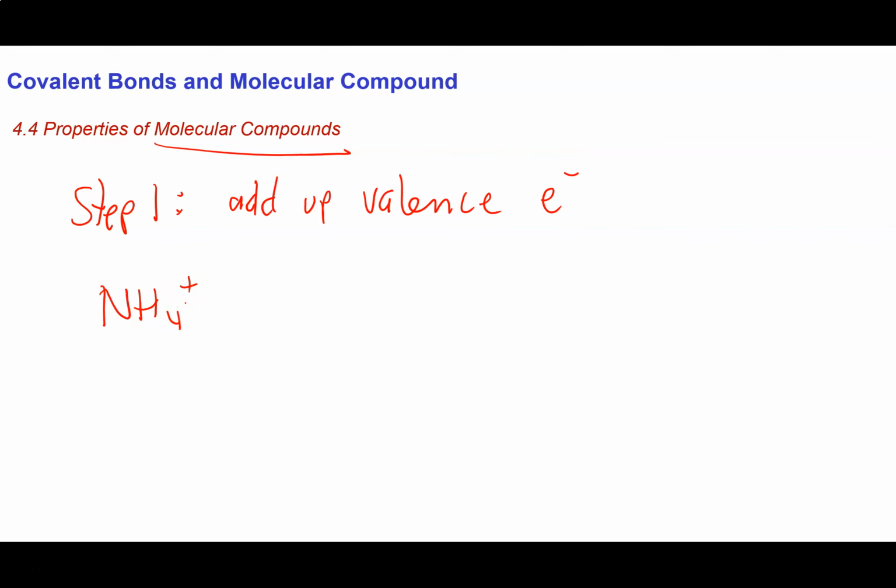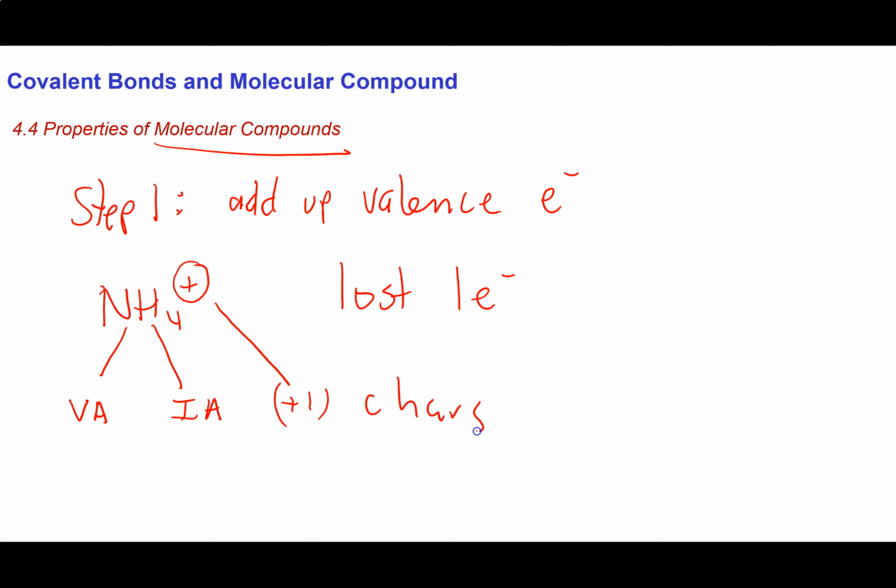So if I'm drawing the Lewis structure for the polyatomic ion NH4+, I have to recognize that the reason that it has the plus is because it has lost 1 electron. So how many valence electrons do I have? Well, nitrogen is in group 5A and hydrogen is in group 1A, and then it's got the +1, which is the charge, and I have to account for all of those things.